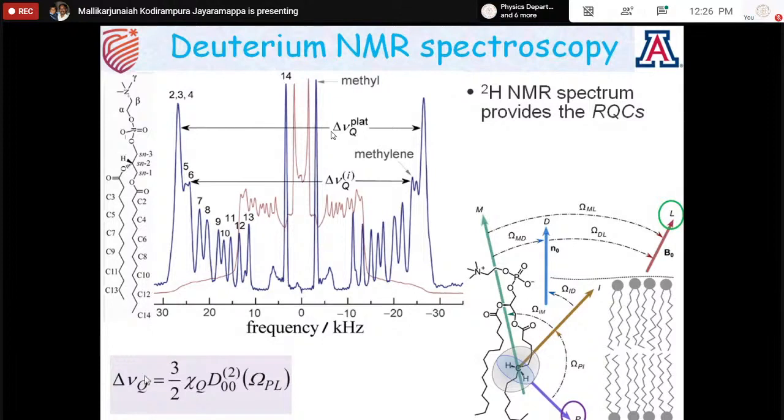Once we know this delta nu q, it would vary from the carbon close to the head group to the terminal methyl group. As we can see, delta nu q is not constant. But experimentally, there is a dedicated theory which tells us that what we need to pay attention to is only the plateau region of quadrupolar splittings.